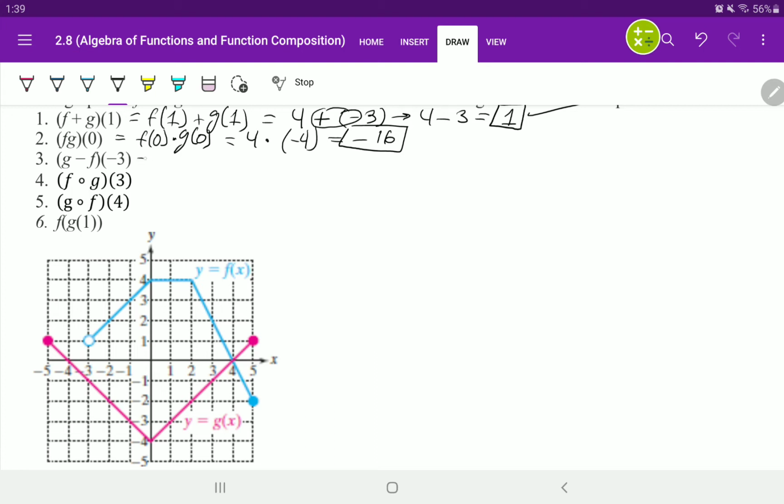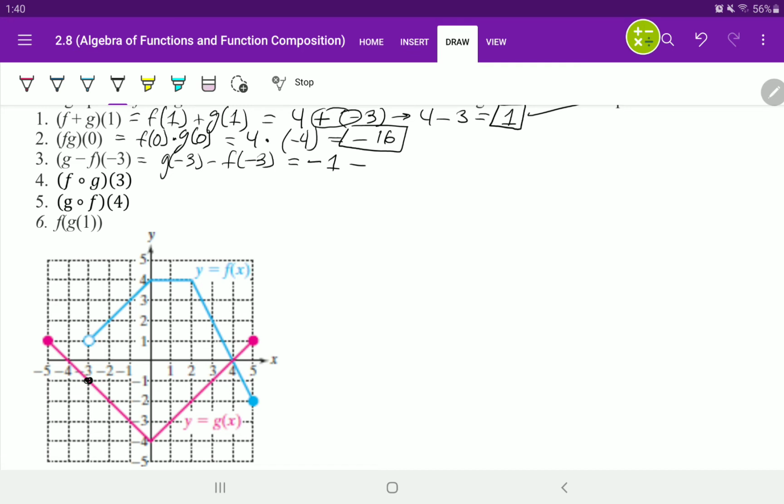For 3, we want to find (g minus f) of negative 3. So g of negative 3 minus f of negative 3. g of negative 3 is negative 1, my apologies.